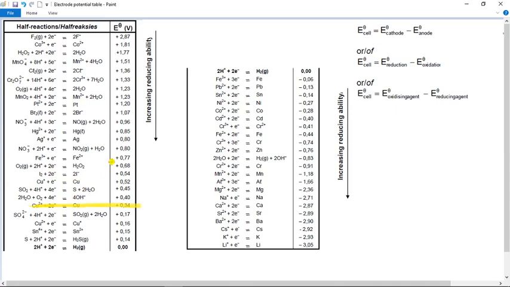Then it says platinum, iron, cobalt, silver, and nickel. So we look for the rest of them. Start at the top here. Here is platinum. Then here is silver. Remember, silver is Ag, argentum. Then it says iron, but this is an iron ion, not iron metal.